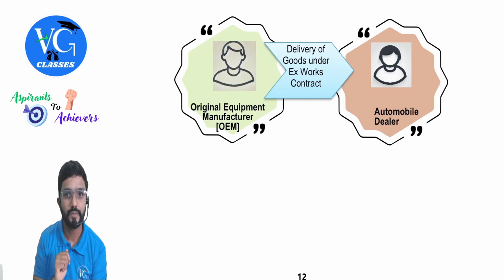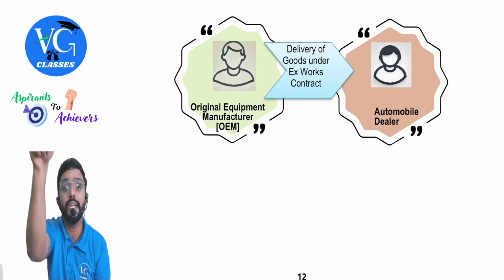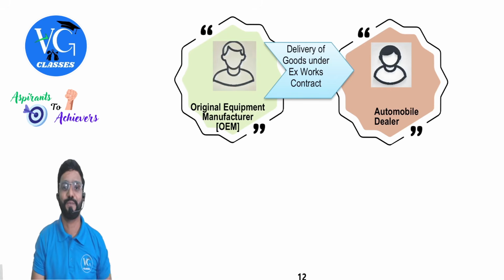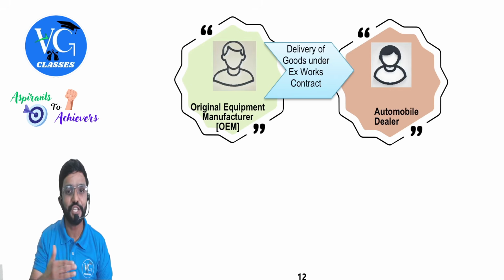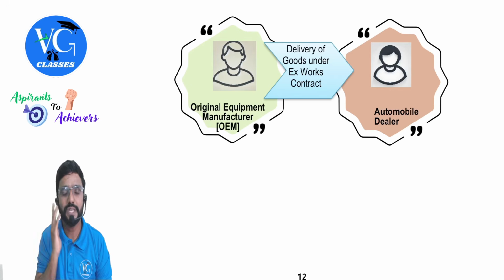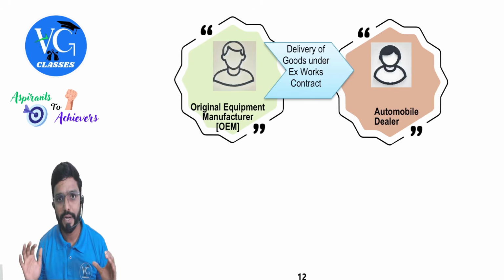So during the transportation also, risk and reward is whose? Yours. During the transportation, if goods are damaged or anything bad happens, who is responsible for it? You and not me. Got it?